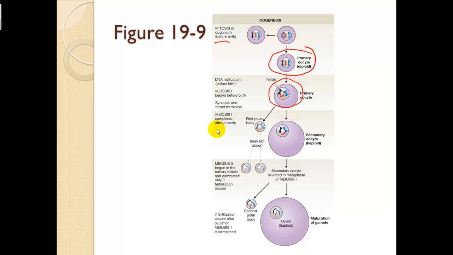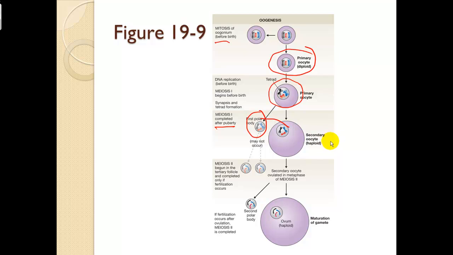Now at puberty we start having menses, or menstrual cycles, and from the development of that, this primary oocyte splits. However, it doesn't split evenly. Most of the cytoplasm is given up by the polar body and given to the secondary oocyte, which is haploid. Now this one is ready for fertilization.